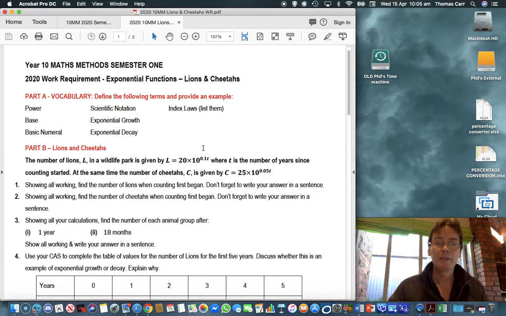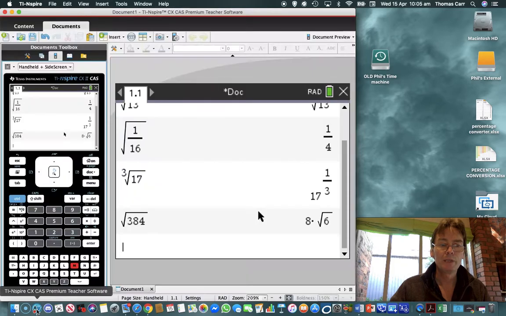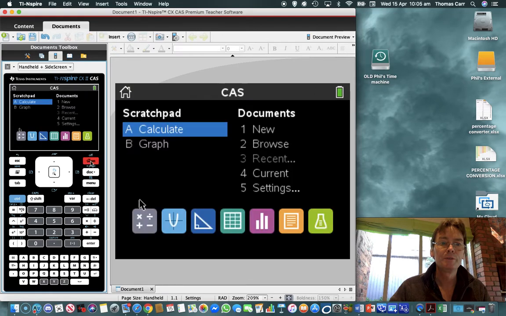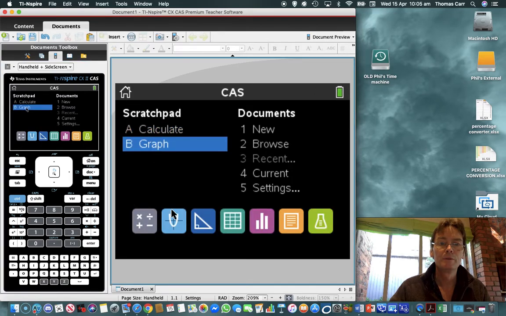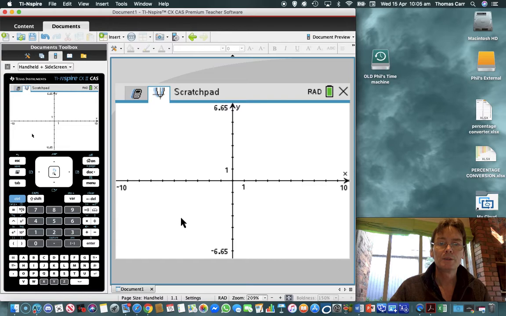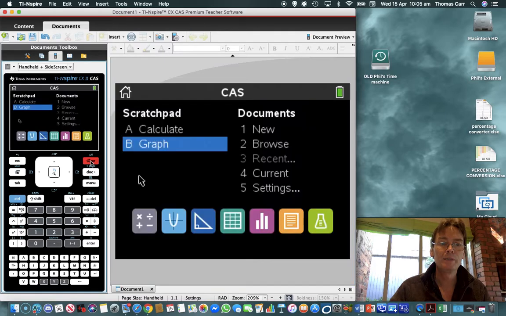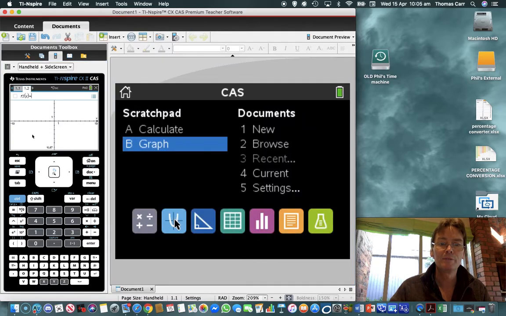If you want to get your head around how that works, put it into your CAS calculator and start messing around with the numbers. So if you jump on a CAS calculator and you open up a graph page, like so. Oh, I use Scratchpad. Never use Scratchpad. Open a graph page.